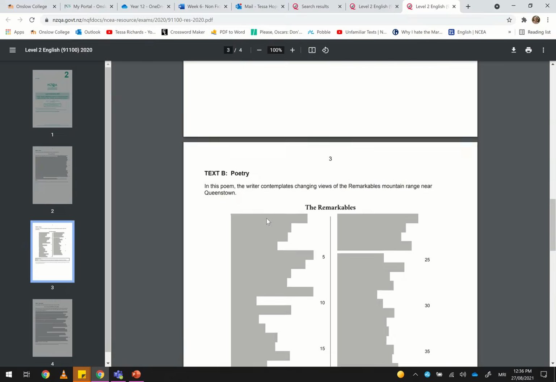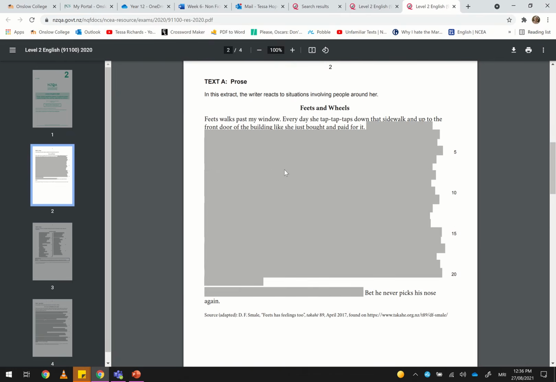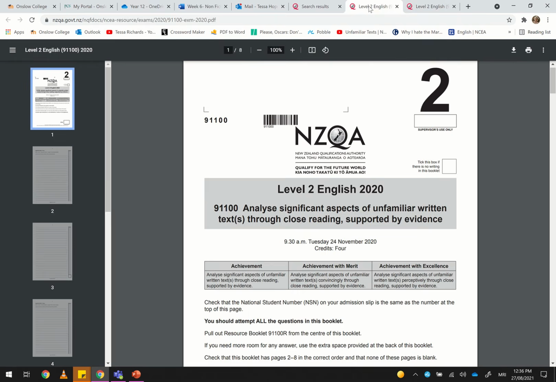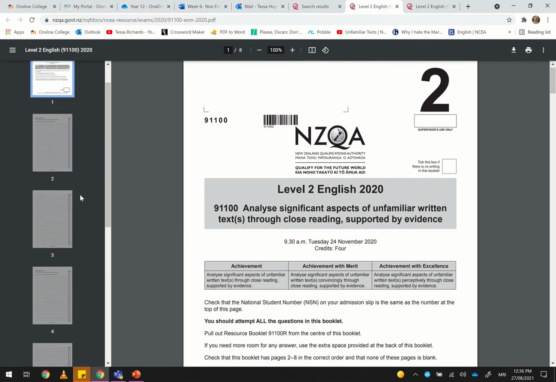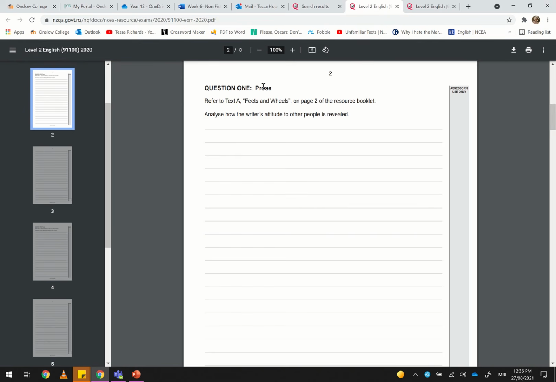So I could be tempted to dive right in and start reading this piece of writing, but it would make more sense to start in the answer booklet and look at the question. So question 1, prose, refer to text A of the resource booklet, analyze how the writer's attitude to other people is revealed.